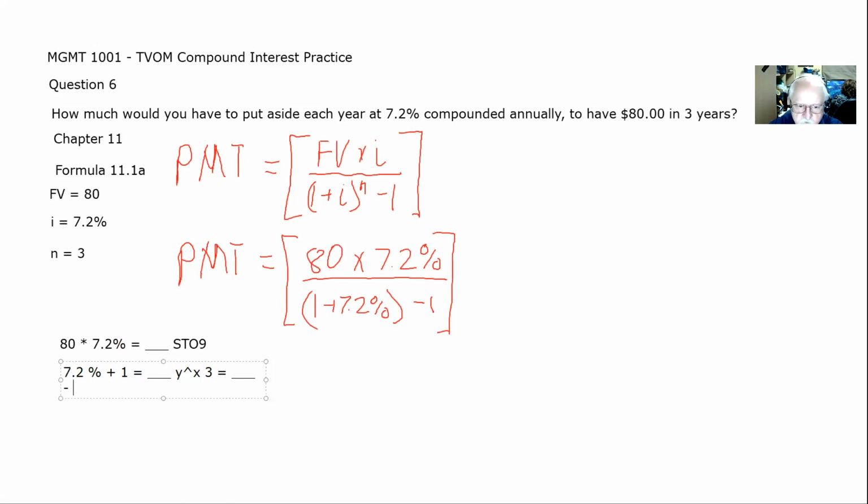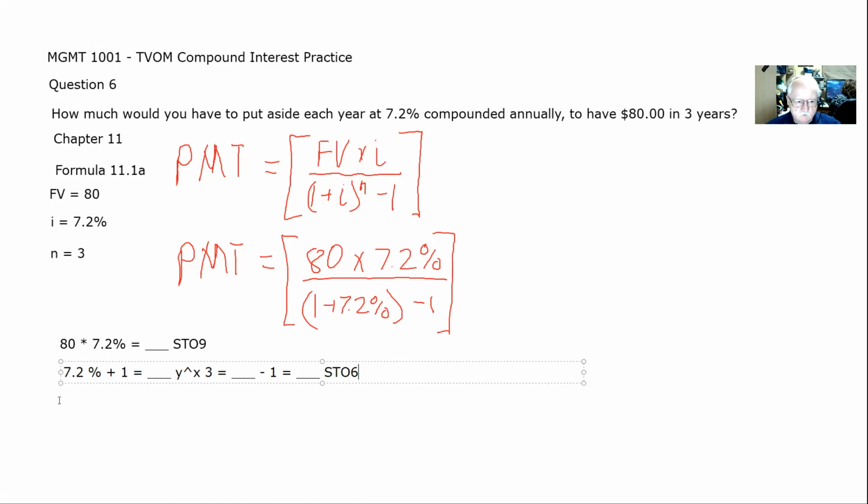Then go minus 1, equals, and see what that is. Now we've got everything in the denominator, and I'm going to store it, STO register 6.